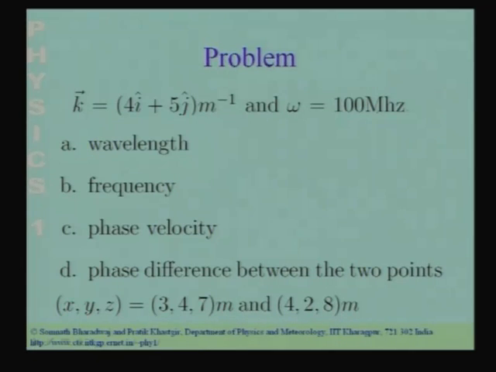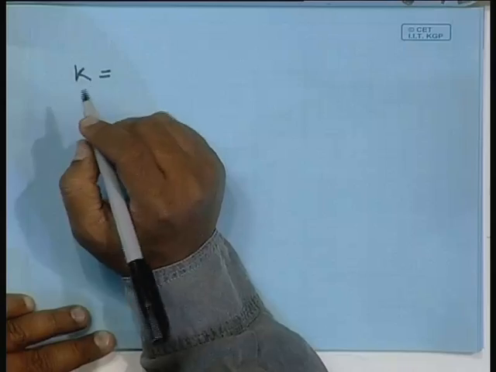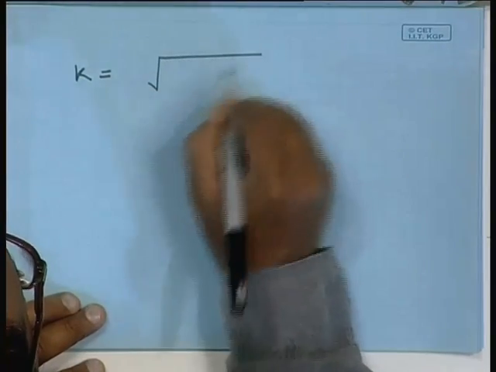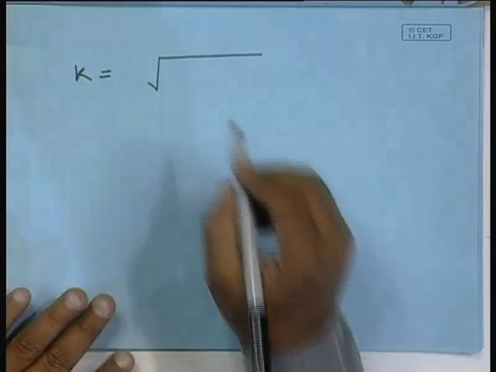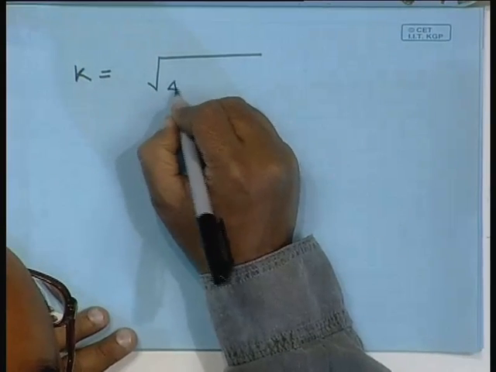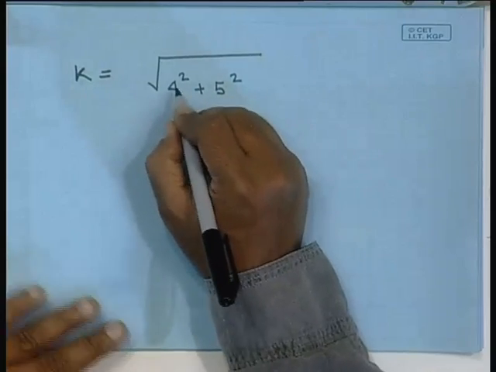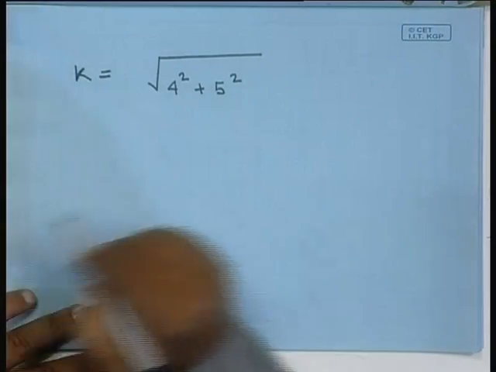How will you determine the wavelength of this wave? To determine the wavelength of this wave, you have to first calculate the wave number. So the wave number is the modulus of this vector. This vector has x component and y component. So the modulus of this vector is the square root of 4 square plus 5 square, 4 being the component along the x axis, 5 being the component along the y axis.